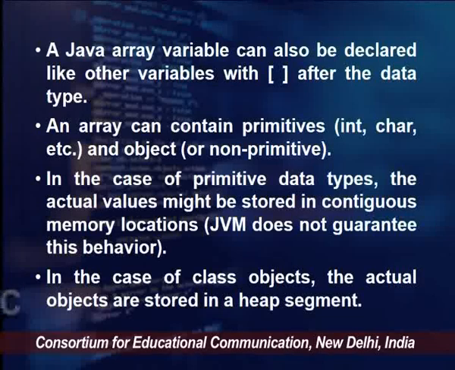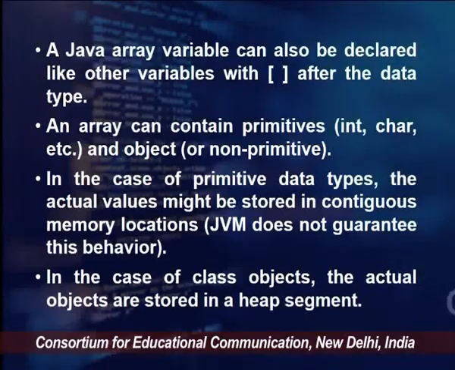In other languages such as C and C++, it is a mandatory requirement that the elements of an array are stored in continuous memory locations. But in case of Java, it may or may not happen, because the JVM does not guarantee this property to hold. Also, in case of class objects, that means if the array is of objects, the actual objects are stored onto the heap. So that is something we need to be careful with.